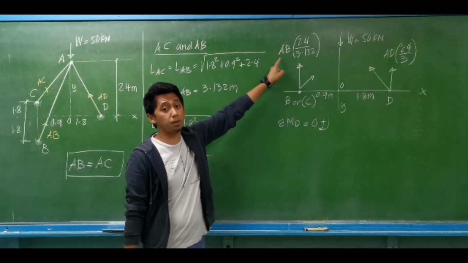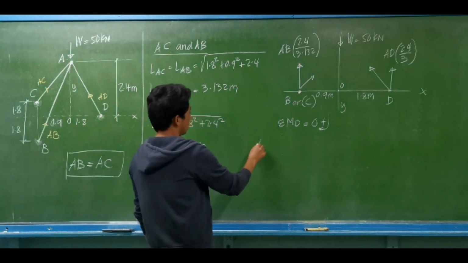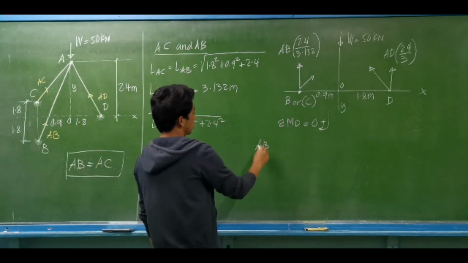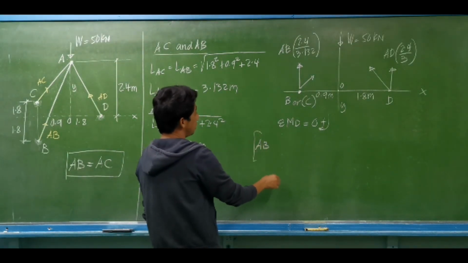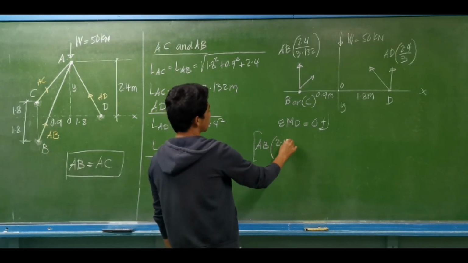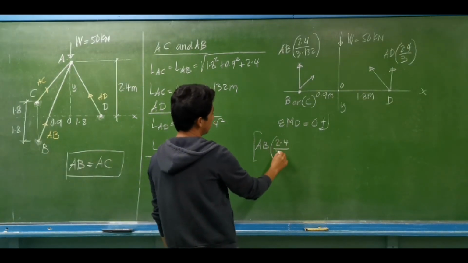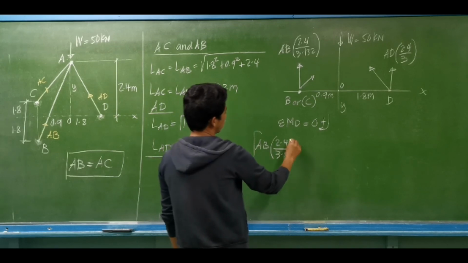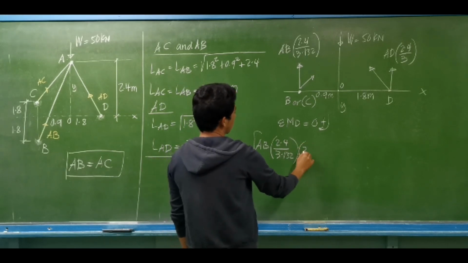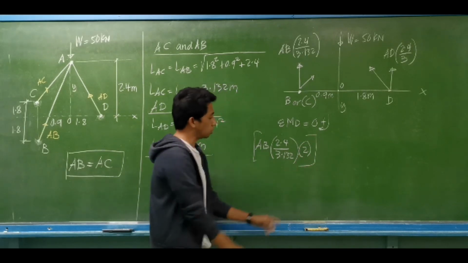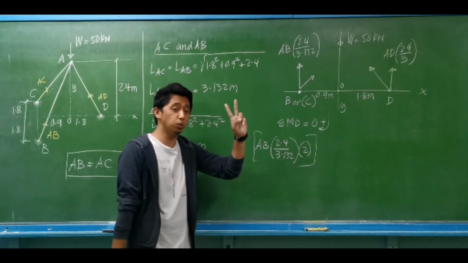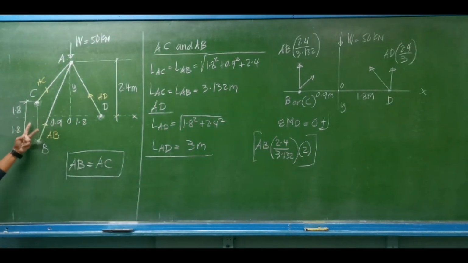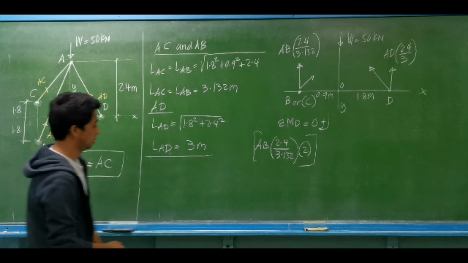We have member AB. So we are using member AB. The vertical component is 2.4 divided by the length 3.132. Okay, we are multiplying it by 2. So why do we need to multiply it by 2? Take note, we have two forces there.